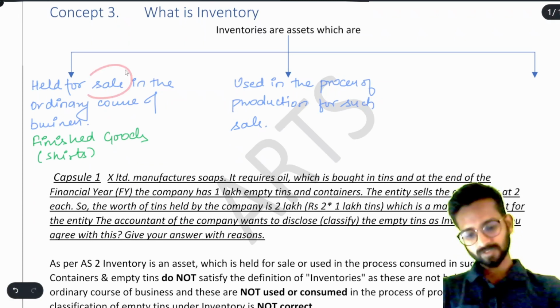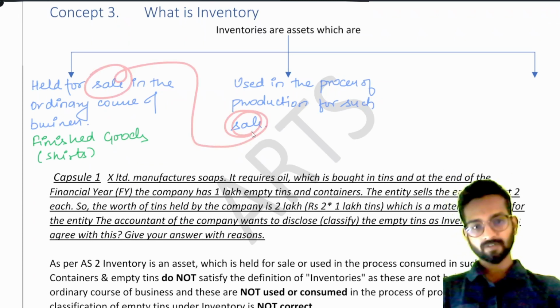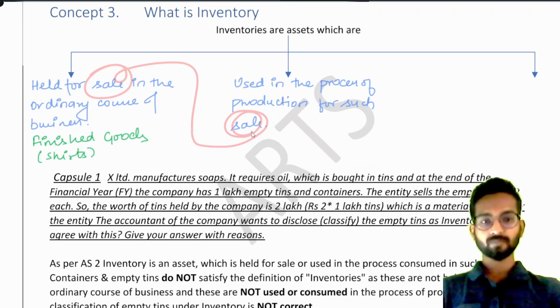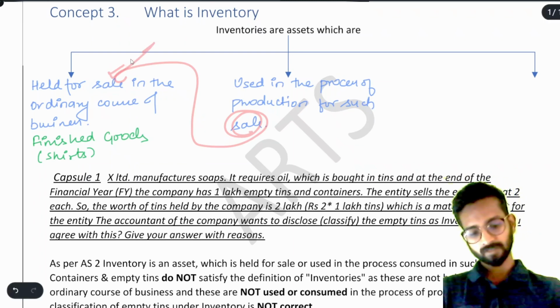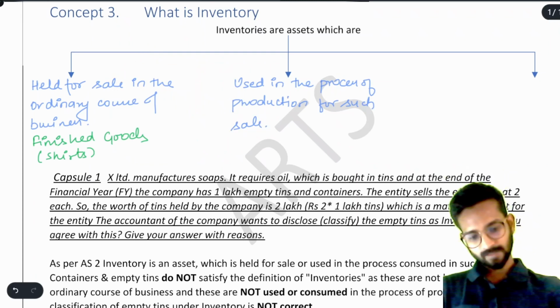See, held for sale, no? So whatever we are holding, the raw material, work in progress which are used for the production for such sale, for this sale we are talking, what were they? That were our raw material and work in progress.